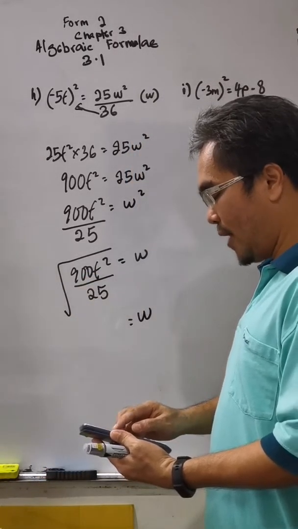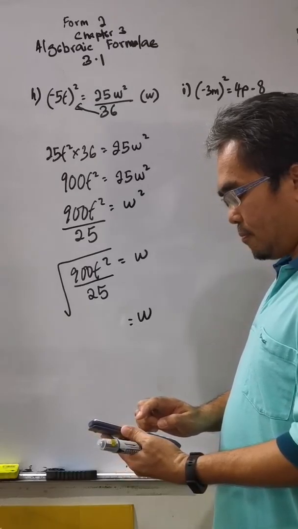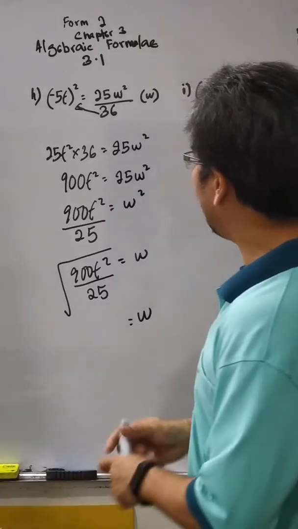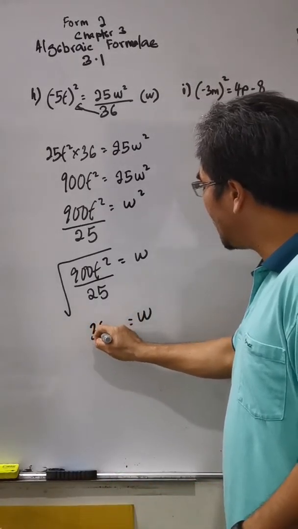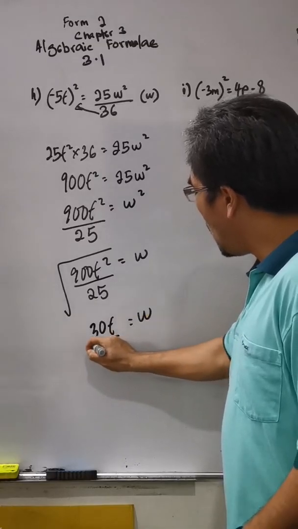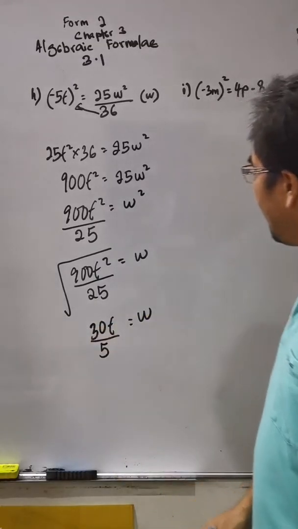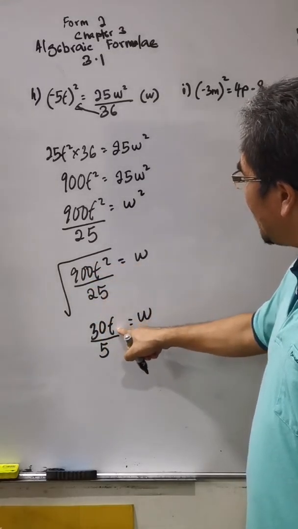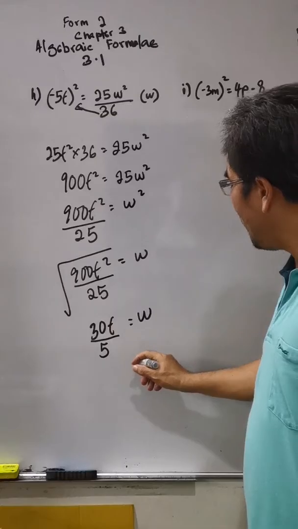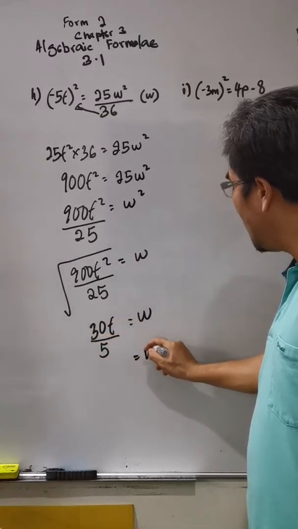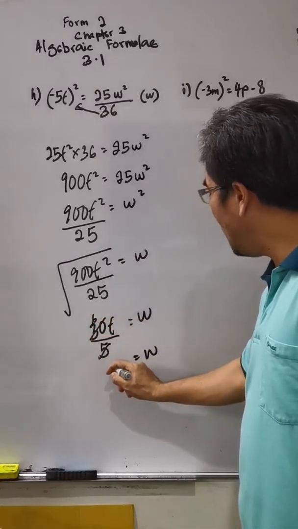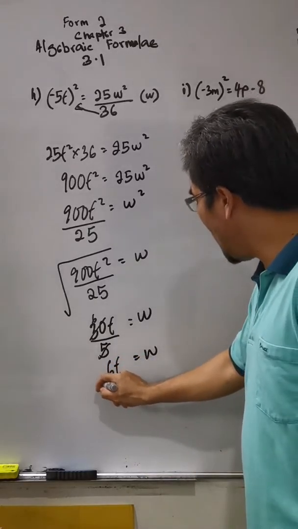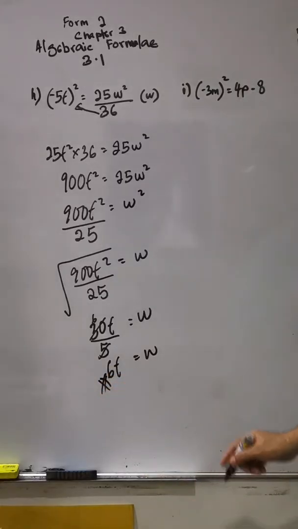Okay, what is the square root of 900? Which is 30. So we have 30t over 5. Square root of t squared will be t. Square root of 25 will be 5. But then 30 and 5 you can cut. So w is 6t. That's all for H.